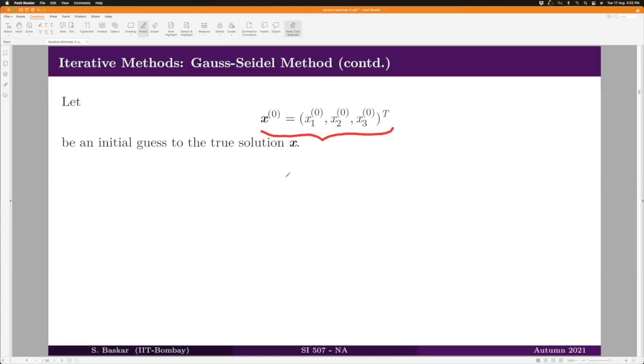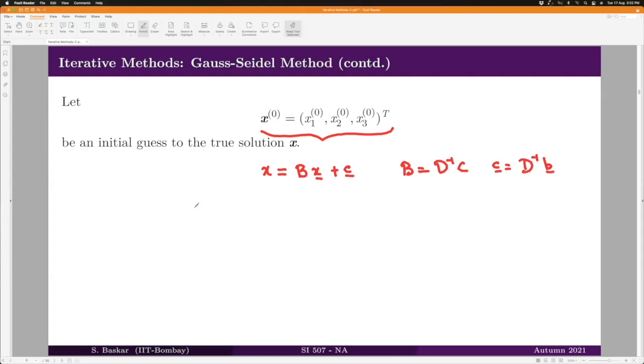And recall, in the Jacobi method, we plug this into the right hand side of the system, x is equal to Bx plus c, right? Where B is the matrix given by D inverse C, and small c is the vector given by D inverse times the vector b, which is the right hand side vector.